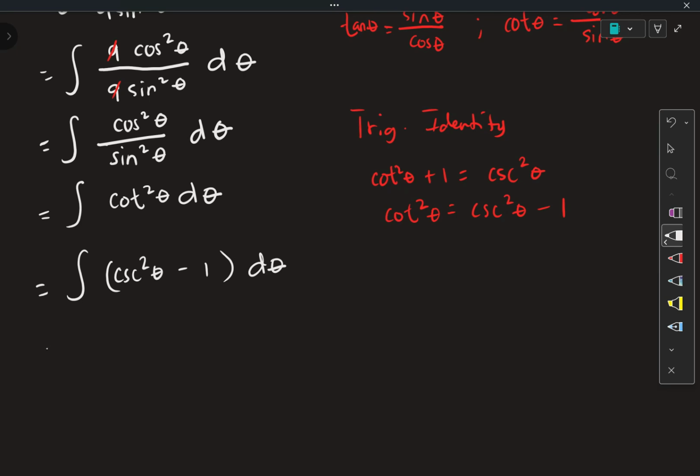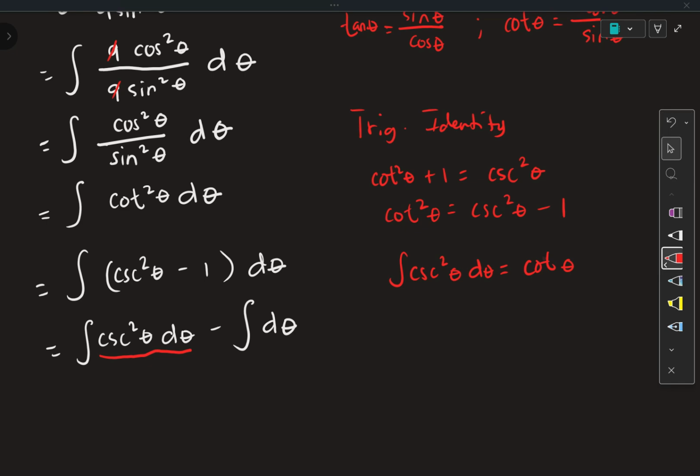To apply integration, we separate this: the integral of cosecant squared theta d theta minus the integral of 1 d theta. If you remember in our trigonometric integration, the integral of cosecant squared theta d theta is equal to negative cotangent theta.